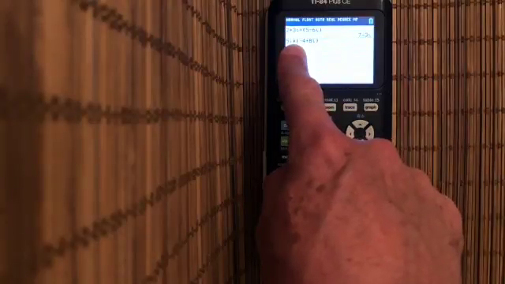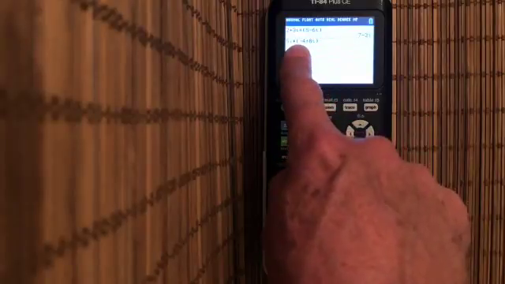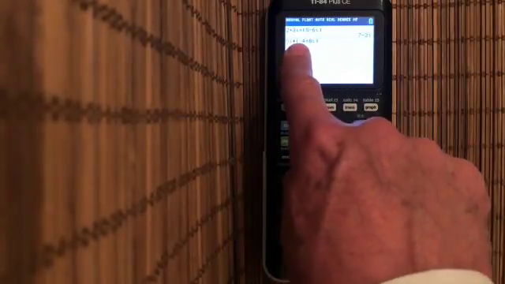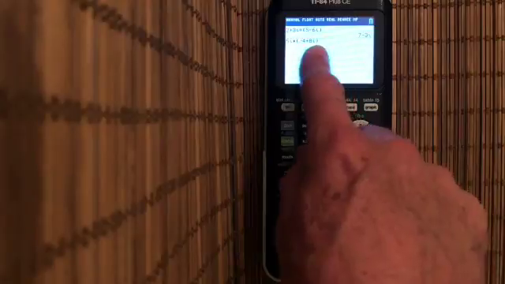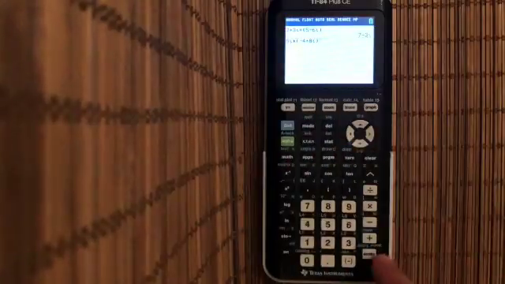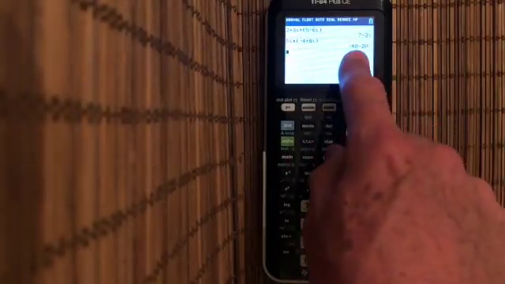We could have just left the expression as 5i parentheses, because the calculator knows that when you have two things next to each other without a mathematical operation between them, it automatically means multiply. I'll prove that to you in a second. But this expression at the end of the day is 5i times this imaginary number, negative 4 plus 8i. Press enter, and it'll give you the answer in imaginary format.